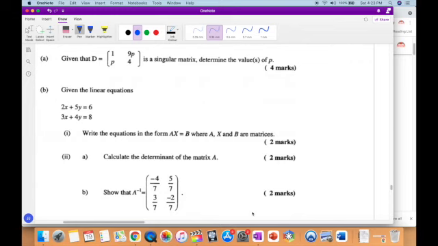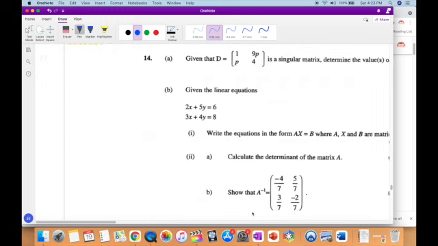You told me a singular matrix is equal to 0. What is equal to 0? The matrix itself? The determinant of a singular matrix is equal to 0. You understand? All right, very good.